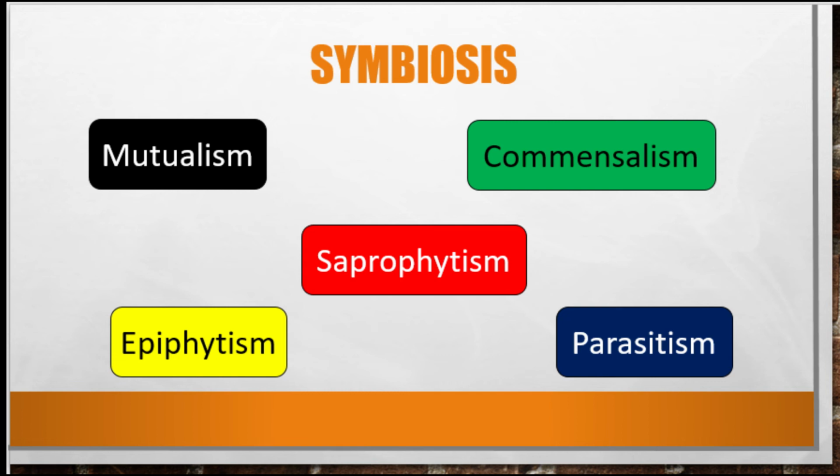Then the last one is saprophytism. The living organism produces and secretes digestive enzymes from thread-like hyphae which grow through dead organic matter.